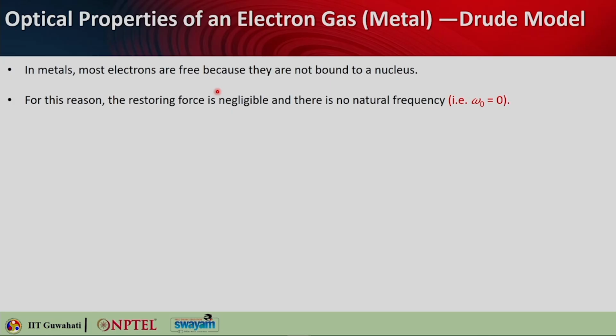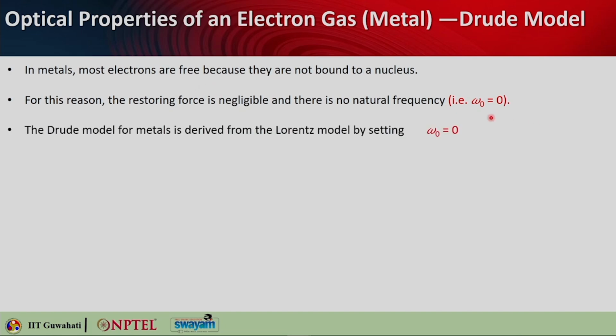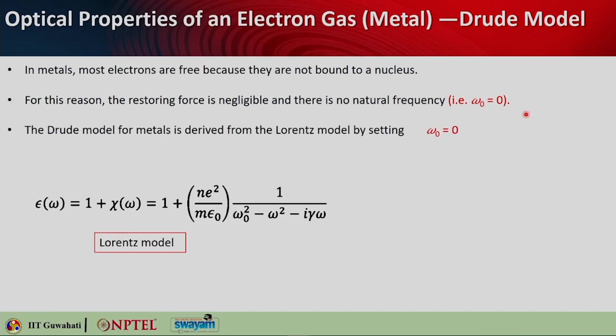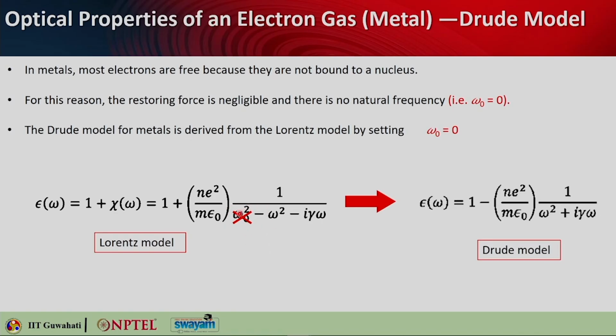It means there is no natural frequency of oscillation, which was given by omega naught. So, you can take omega naught to be 0 in the case of metal. The Drude model is a very simplified version of the Lorentz model, where you nullify this term omega naught. If you simply remove this term, what you are left with is called the Drude model. I hope that is clear.